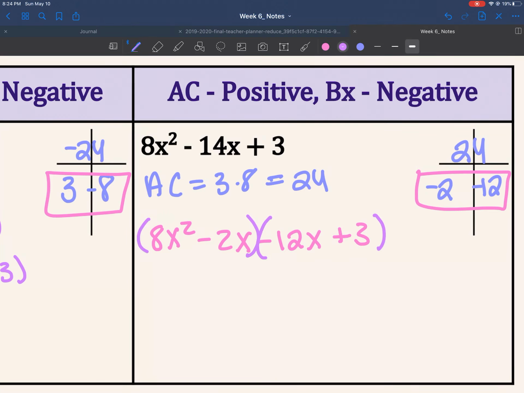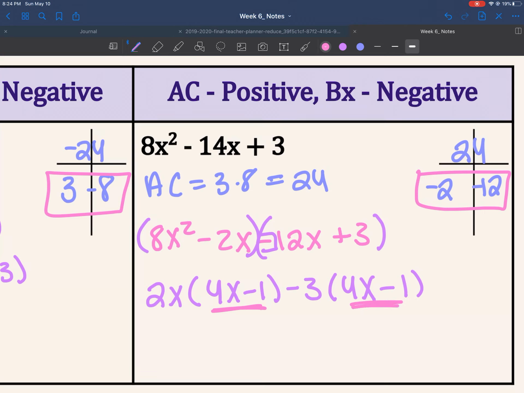Again, we're going to break it up into pairs. I can pull a 2x out from my first group, and I'm left with 4x minus 1. I can pull out a negative 3, negative because my first term is negative. And I'm going to get a positive 4x minus 1.